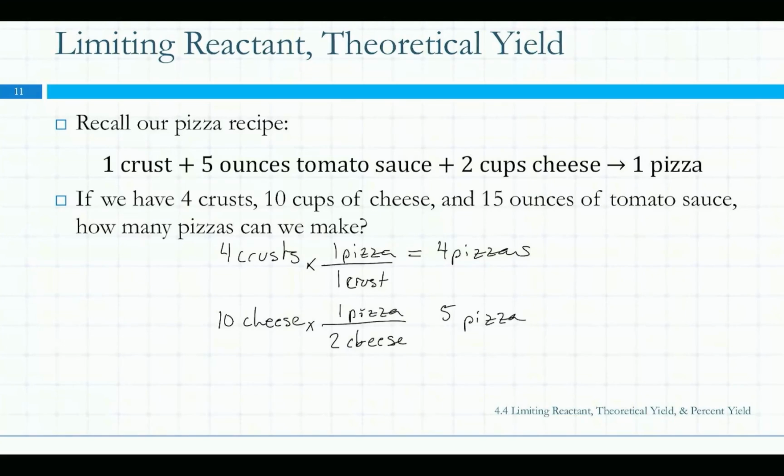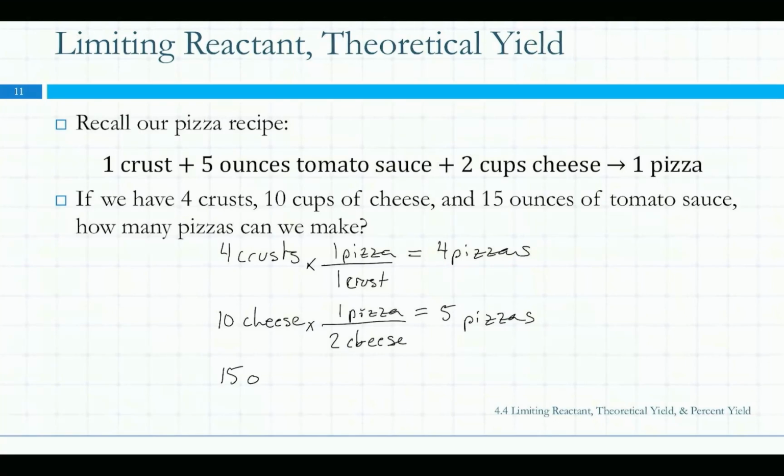Looking good so far. But that 5 pizzas calculation assumes enough crusts and enough tomato sauce, right? It hasn't looked at those other things yet. So now we know we can't make 5 pizzas, but we're still okay for 4 pizzas.